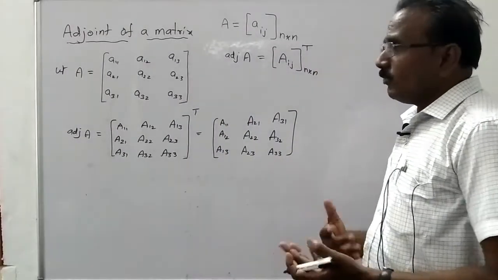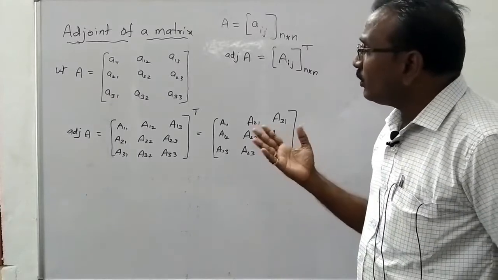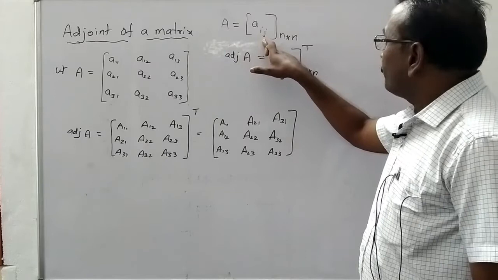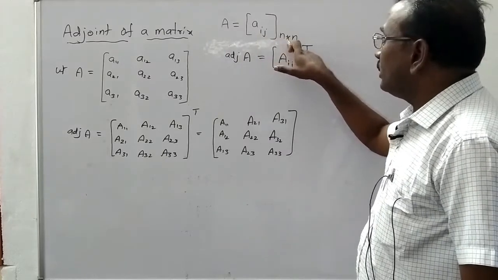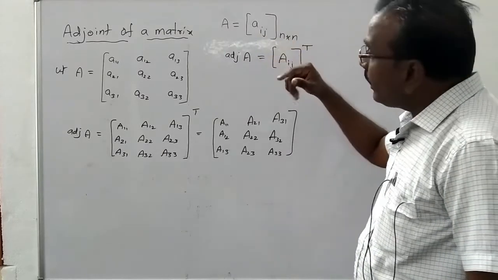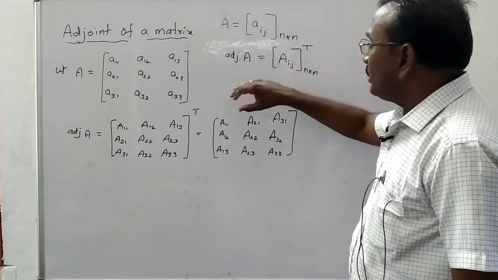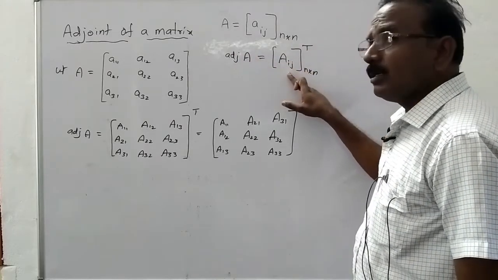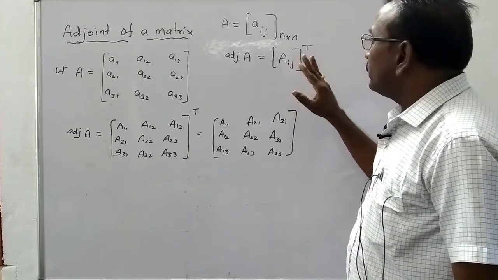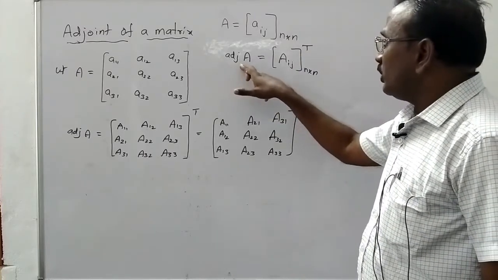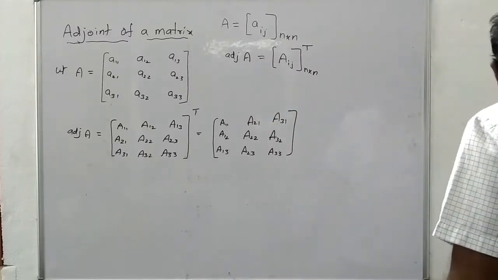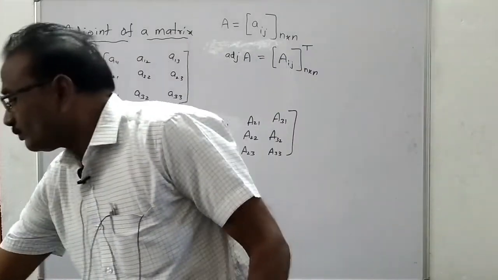So now once again, what is the definition of the adjoint of a square matrix A? Let A be equal to Aij of order n cross n, any square matrix. Then the adjoint of matrix A is the transpose of the cofactor matrix. That is the definition. It is denoted by Adj A. Now one theorem.